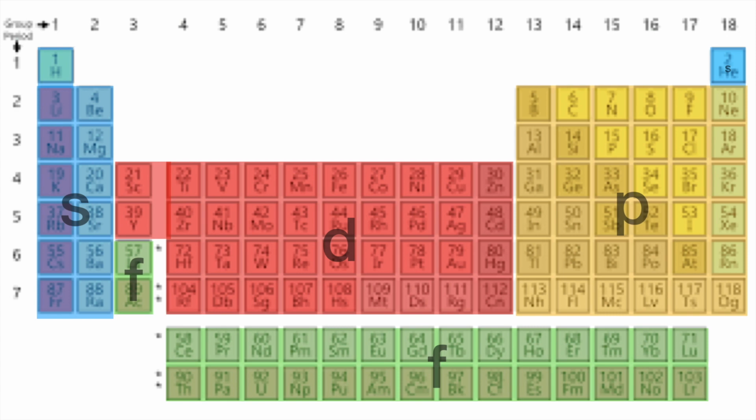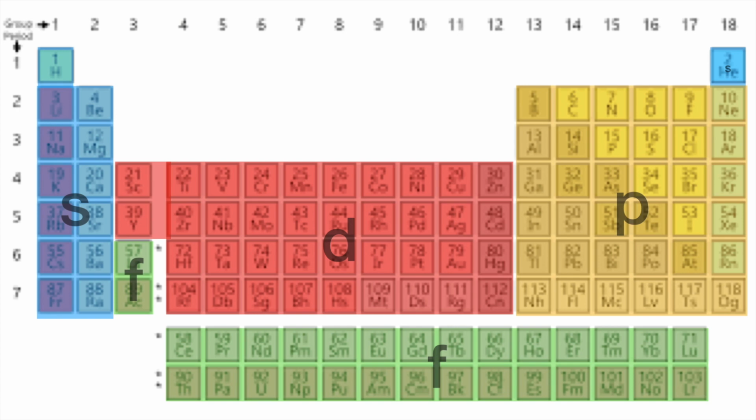Okay, let's try a hard one. For example, f in the f block. What about plutonium? One thing you have to know about the f block is that if you have an element in the f block, the period goes down by 2, not 1. Okay, anyway, so let's try plutonium, element 94.